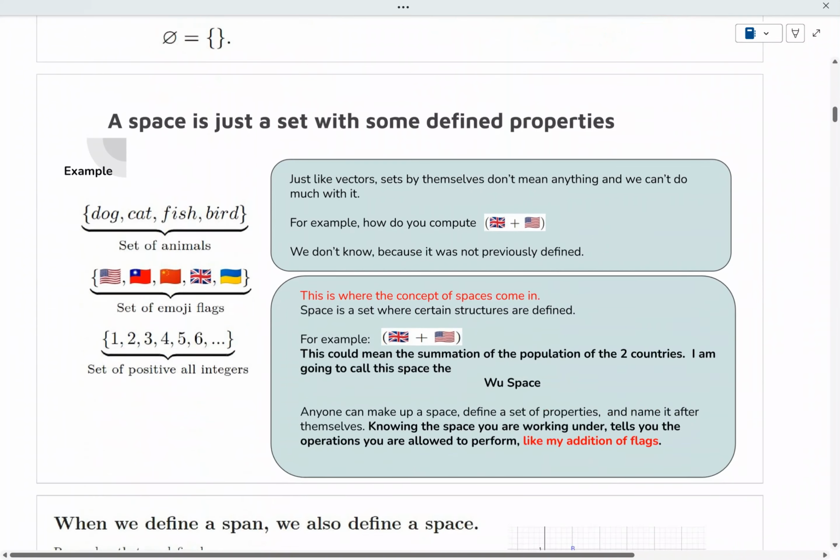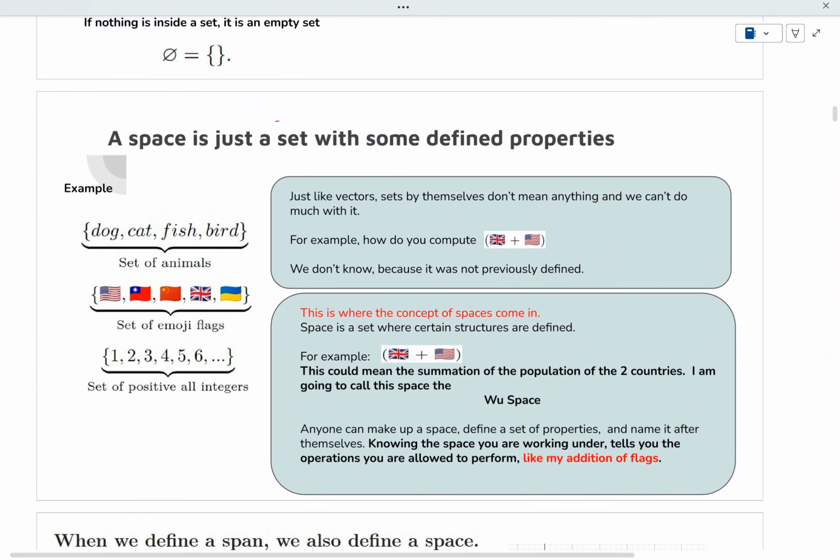So a space is simply a set, but then you define some kind of property. For example, here is a set of flags. On its own, it's like data. However, what if you want to do something with the elements inside the set? For example, let's say you want to add up two flags.